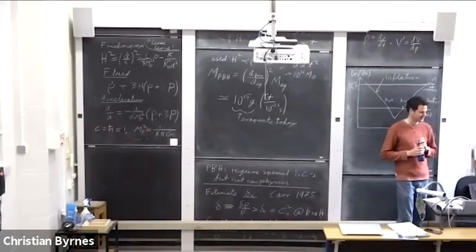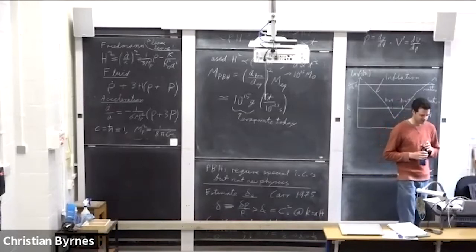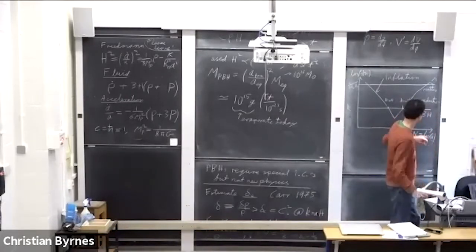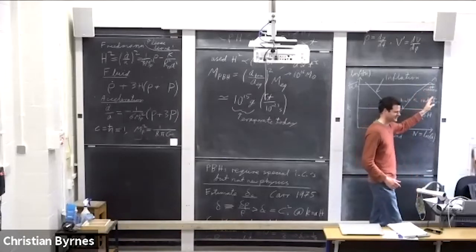May I ask? So, are there good reasons to not consider PBH formation during the matter era? Is it because they lead to bigger masses? If you're thinking about the late time matter era, then yes. Well, there are two things. One is exactly right. The masses are greater than 10 to the 16 solar masses.